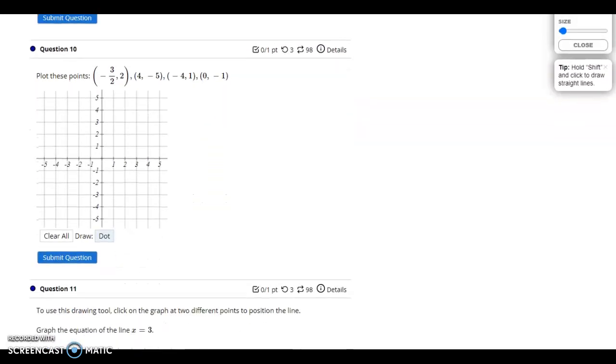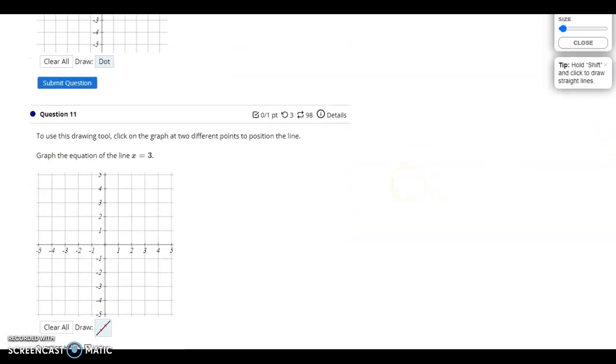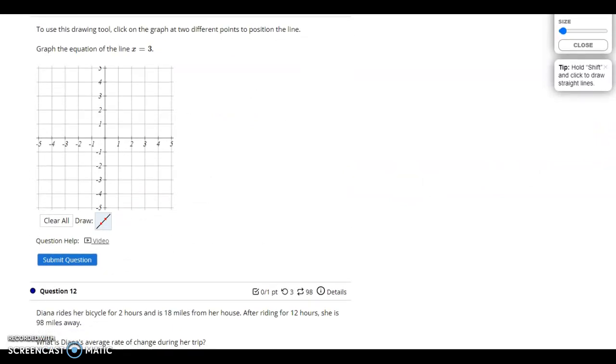Okay, plot these points. I'm going to let you do that one. Just make sure you're careful with how you're plotting. If we graph the equation of the line on this one, if you're stuck, remember you can go and just substitute in not for x, but y values. We can say like -3, -1, 0. Well, whatever we put in for y, what is x still going to equal?